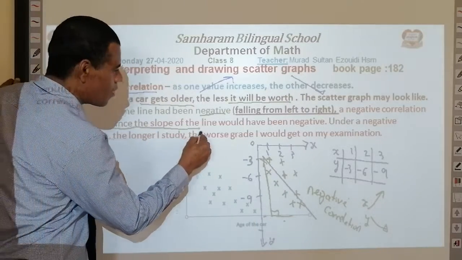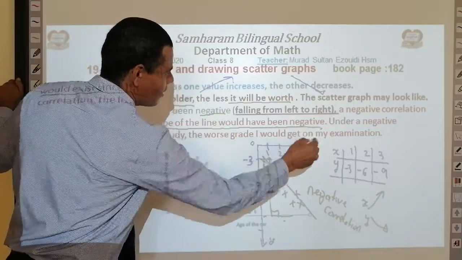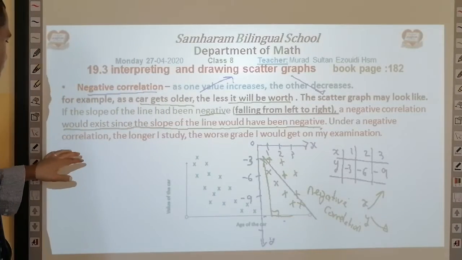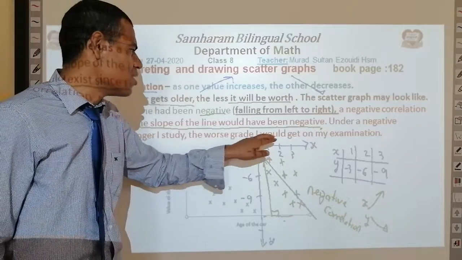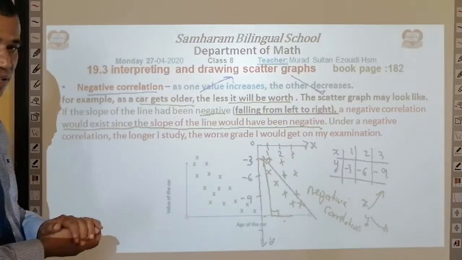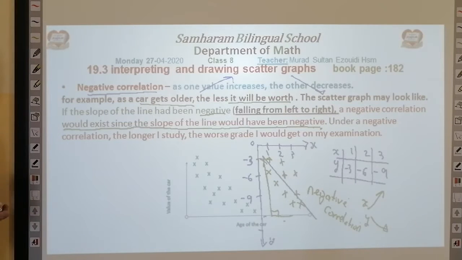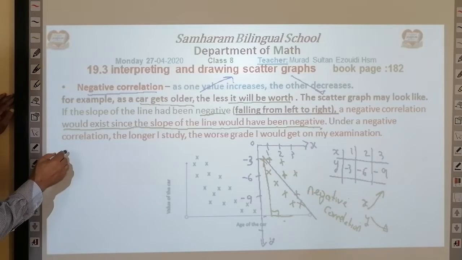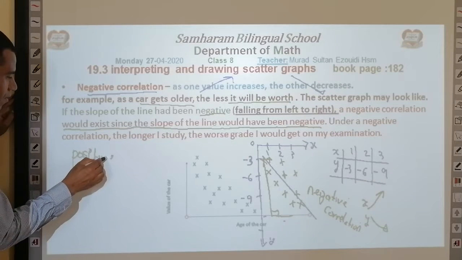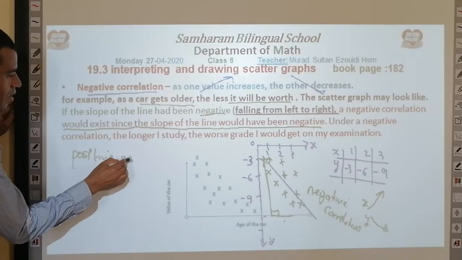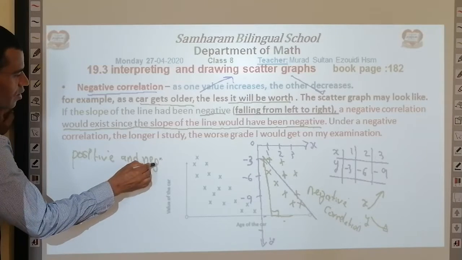Another negative correlation: the longer I study, the worse grade I would get on my examination. At least now we can distinguish between positive and negative correlation.